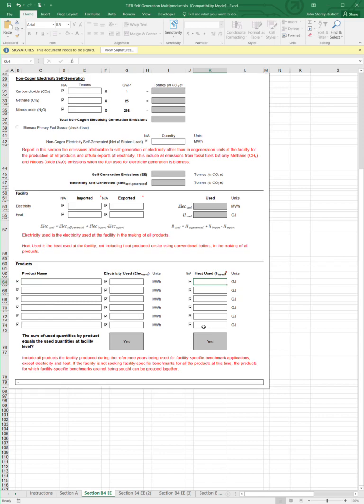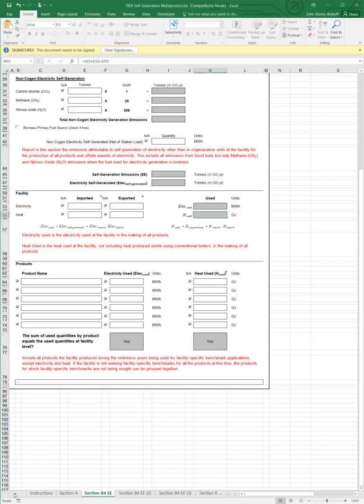This section will test if the sum of the used quantities by product equals the quantities at the facility level. Please contact the department if you require guidance on how to split the used quantities between the products.